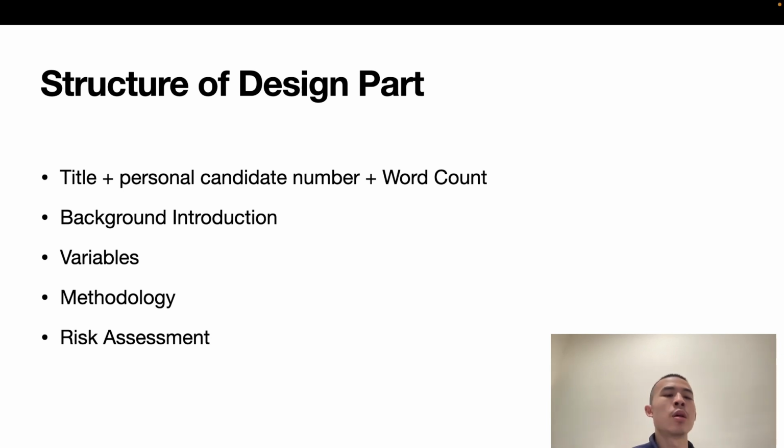And then moving on is going to be the variables. The variables should include the independent variable, dependent variable, and also control variables.